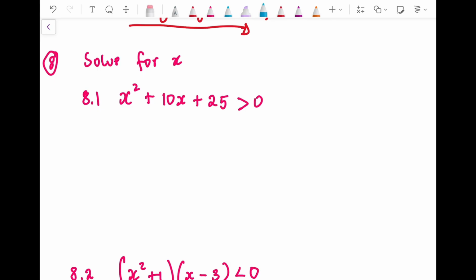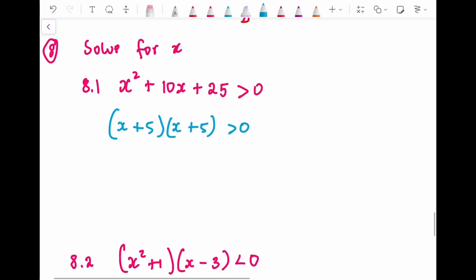Number 8, we are solving an inequality. If we factorize here, we are looking for factors of 25 that add to 10. So it will be 5 and 5, so (x + 5)(x + 5) is greater than 0. Now, if you check here, we only have one critical value, which is x = −5.